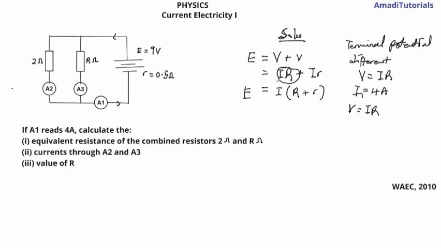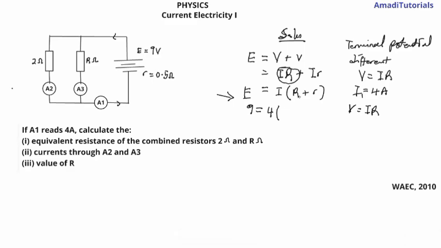So if we plug in our values here, we are going to find R. It is this EMF formula that we are going to use to find R. So let's plug in. Here we have 9 equals I, which is 4, times our R.